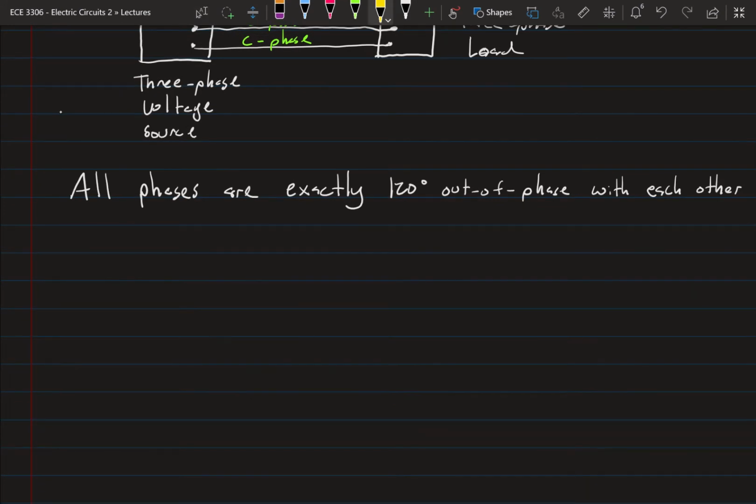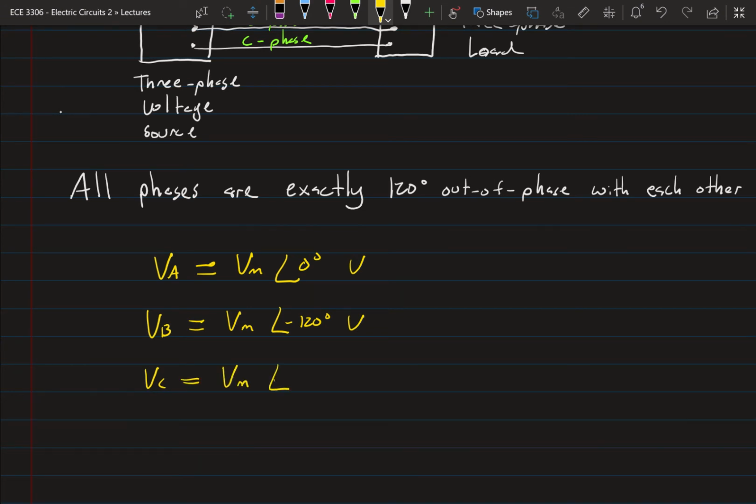So we have that our voltage phasor for the A phase is equal to whatever that magnitude is, V sub m, at 0 degrees volts. And then our VB phase is equal to V sub m at not 0, but minus 120 degrees volts. And our C voltage phasor is also Vm, but it's going to be at plus 120 degrees volts.